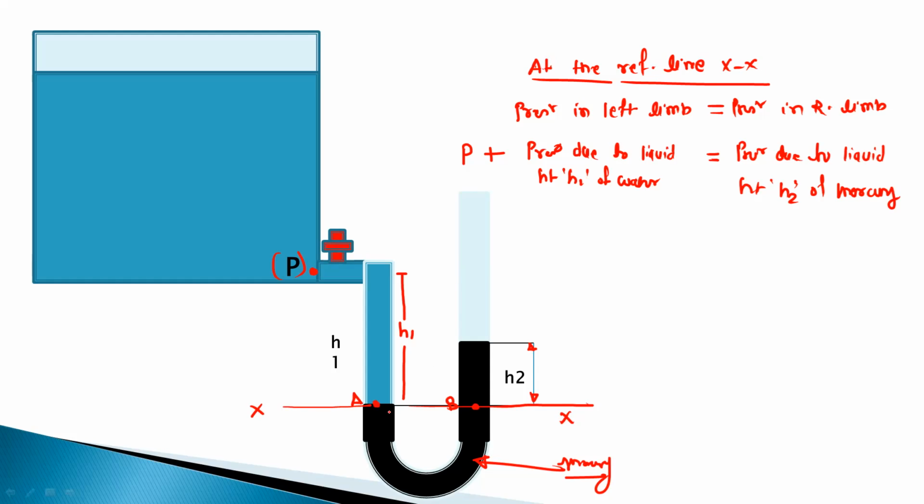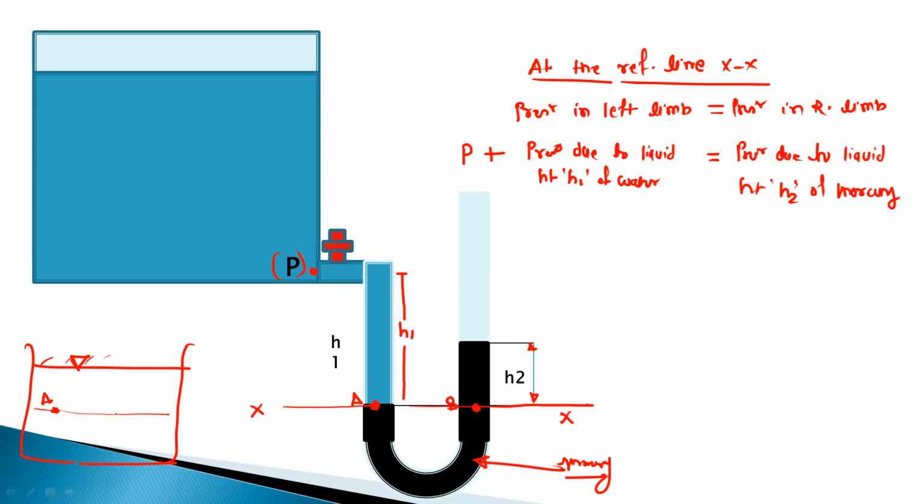That means the pressure at point A is equal to the pressure at point B, because in a static fluid, along the horizontal direction, pressure remains the same.